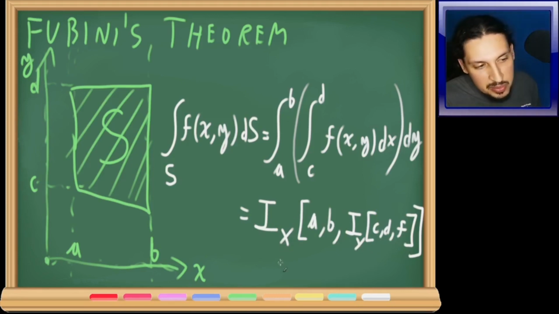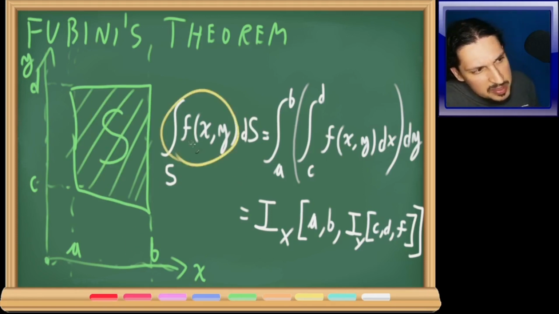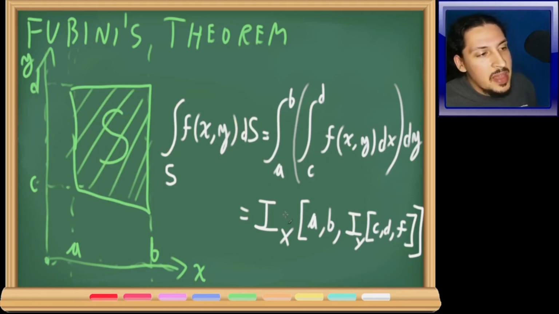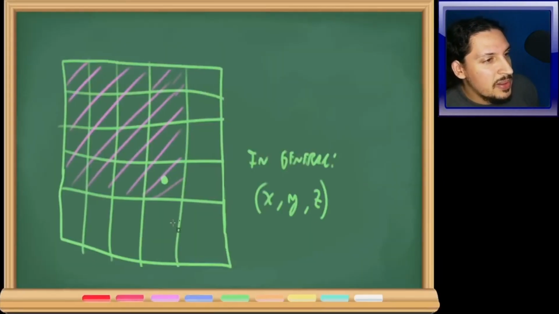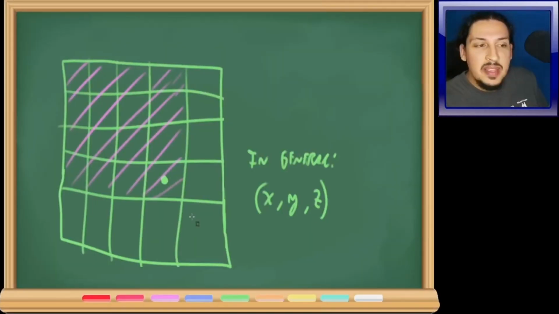And actually, the full version of Fubini's theorem says that you can swap them and the order doesn't change, because it's like zooming over the rows or zooming over the columns. It's the same idea. There are hypotheses that f must be a nice function, but basically this is the idea. And if instead of a function we have a rectangle, that's our case, and the idea is exactly the same.